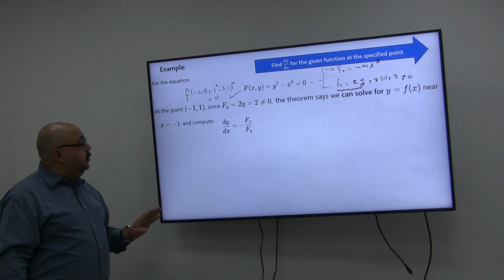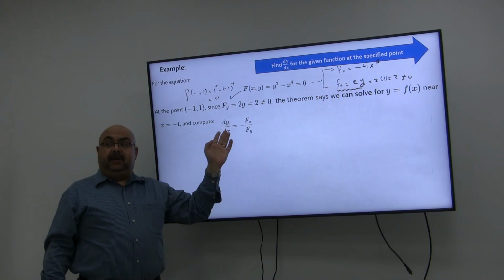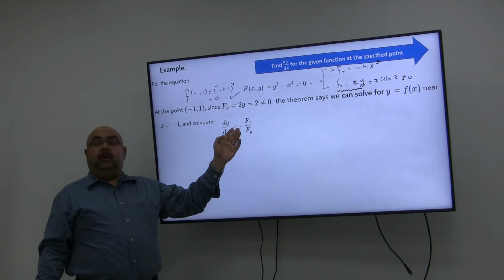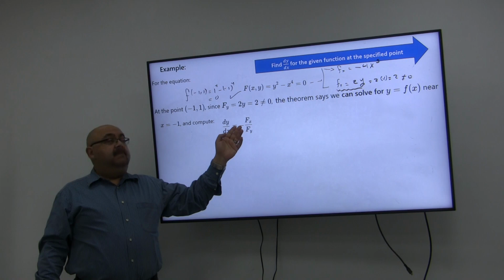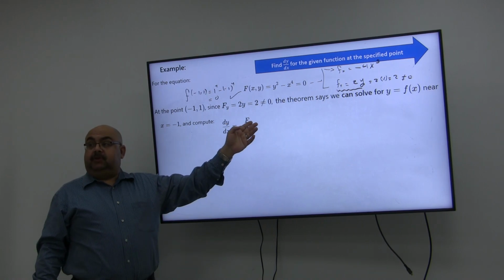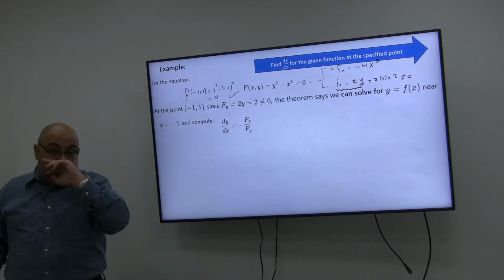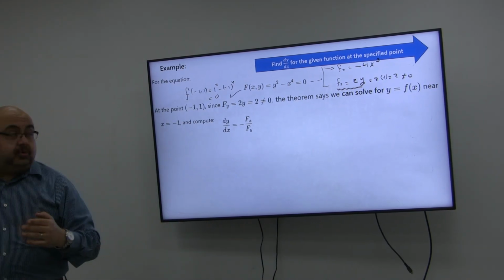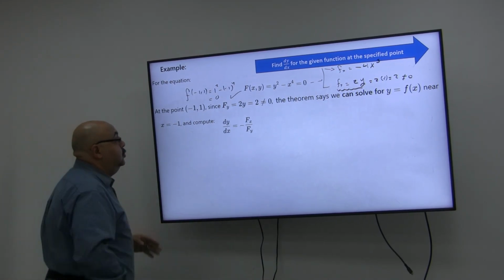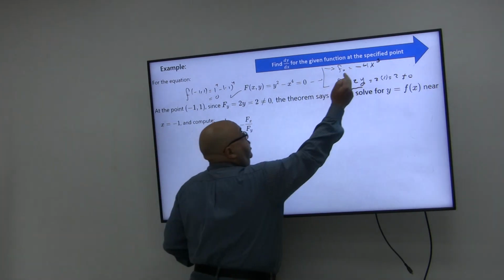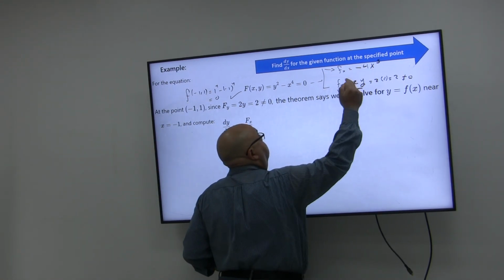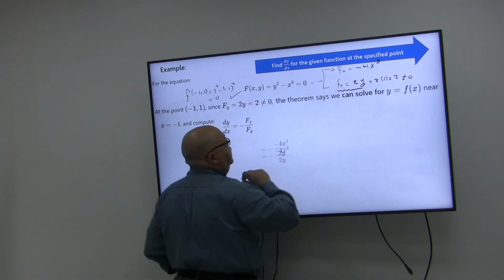All I have to do is get dy by dx, which is equal to negative the partial derivative of f with respect to x divided by the partial derivative of f with respect to y. So all I have to do is divide -4x cubed by 2y, with a negative sign.